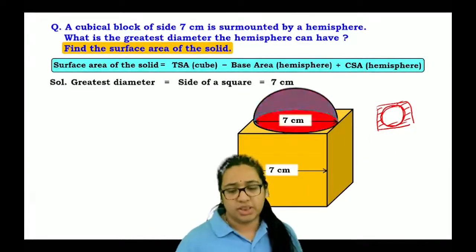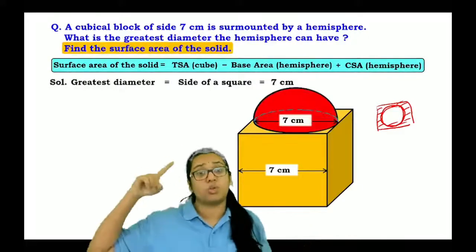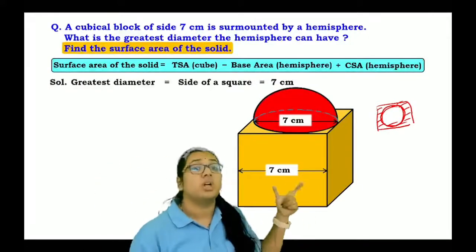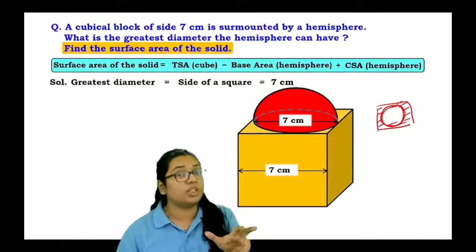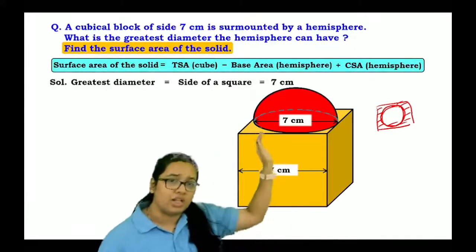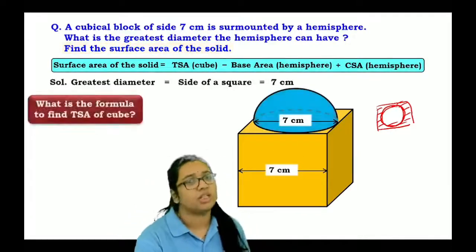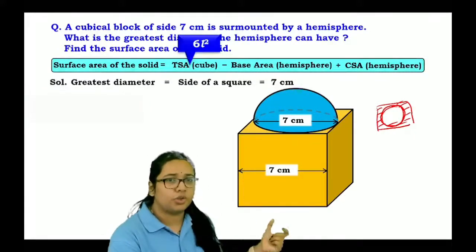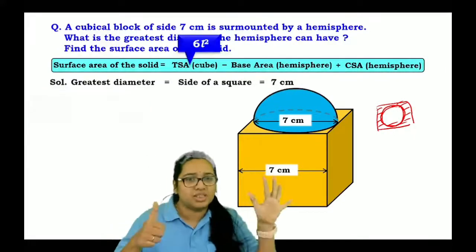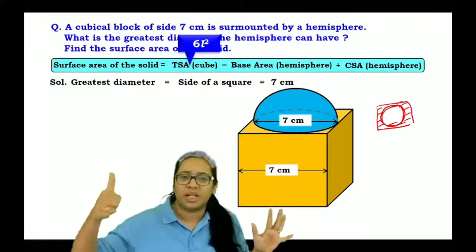Done up to this. So we need the value of the total surface area of a cube, the base area of the hemisphere, and the curved surface area of the hemisphere. For the total surface area of a cube, there are six faces, and for one face the area is L square.